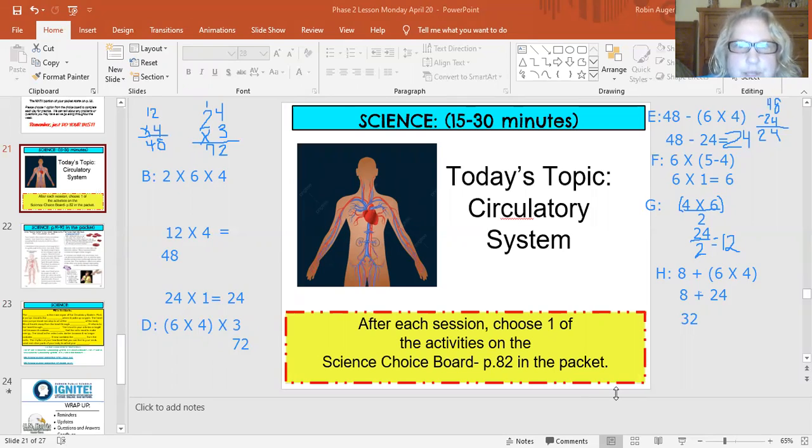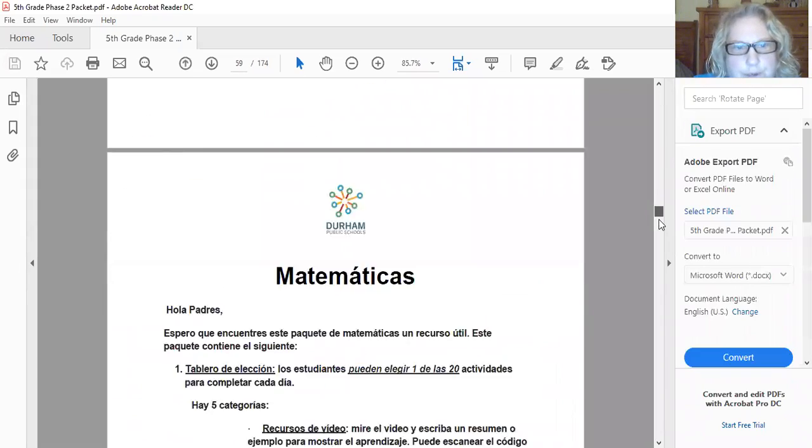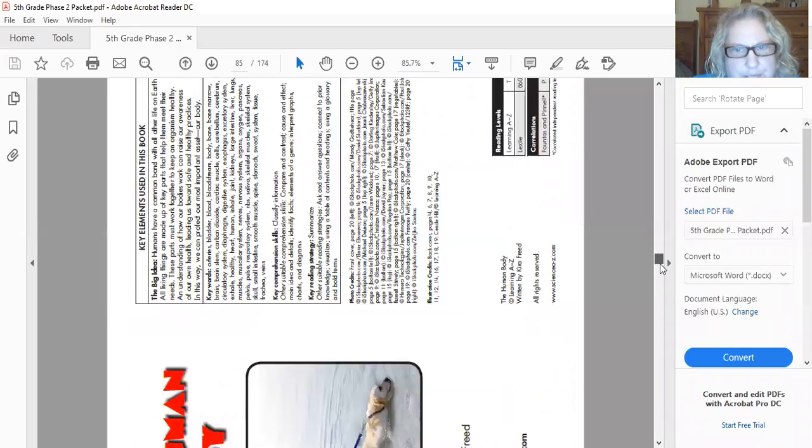Okay, we'll do stop share, and we'll do screen share here. All right, and I'm going to scroll down through here to get to the science board.